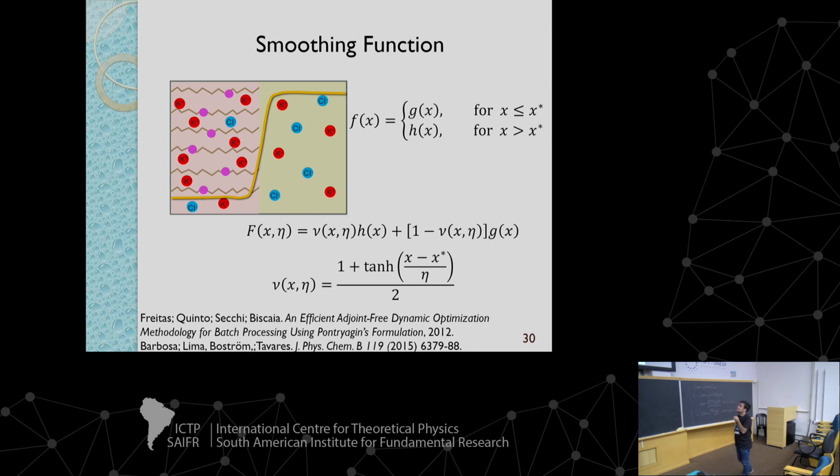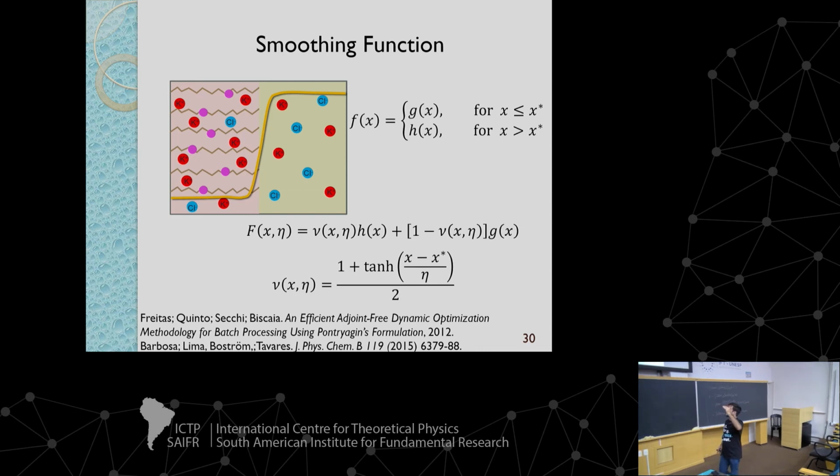And we have this eta. Sorry, it's eta again. It's not the same as before. This is a parameter that controls the smoothness of the curve. By changing eta, we can have a very smooth transition or more steep transitions.